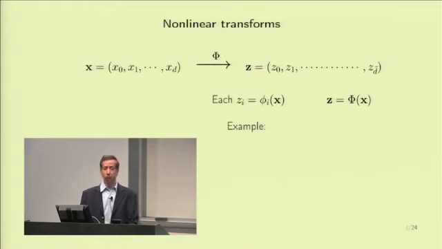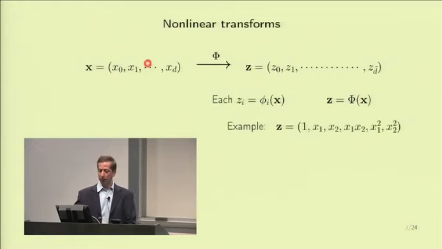An example for that which we used was second order. Instead of using linear surfaces here, we wanted to use quadratic surfaces. And quadratic surfaces in the X space correspond to linear surfaces in a quadratic transformed space, Z. So this would be the transformation. We got all possible factors that contribute to a second order term. And now if you put coefficients to each of these and sum them up, you will get a general second order surface in the X space.